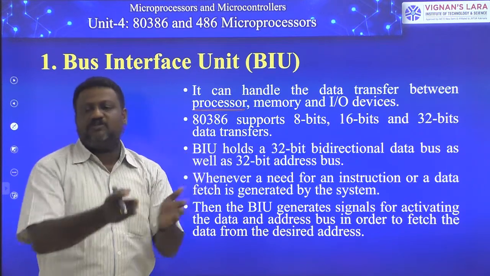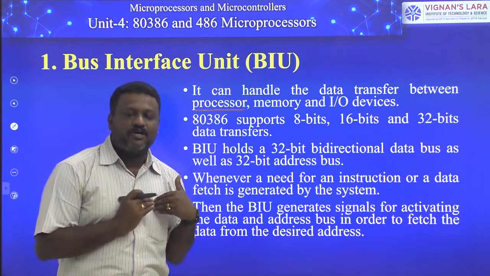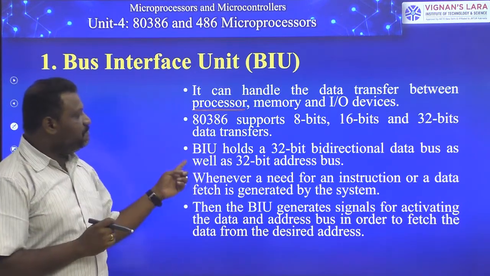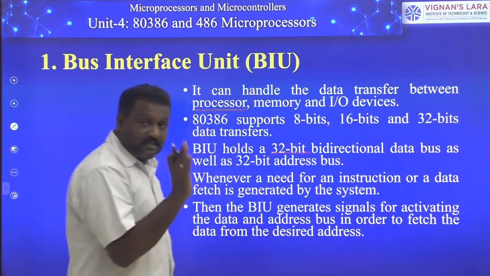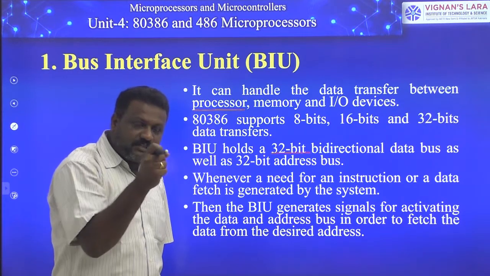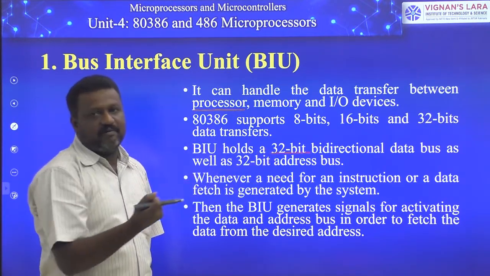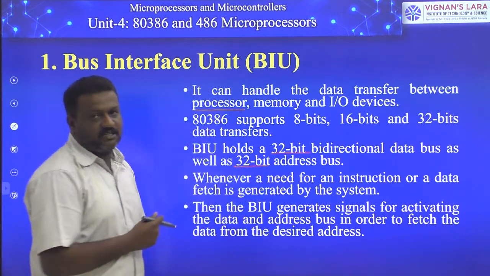And sometimes your processor may also do the operation on 8 bits, then your processor may transfer or receive 8 data bits. Right. The BIU holds a 32-bit bidirectional data bus. That means with the help of these 32 data lines, your 386 can transfer or receive data. And it also has a 32-bit address bus.